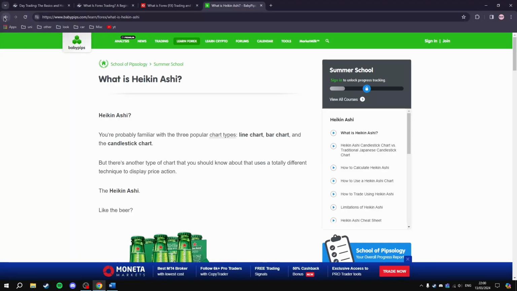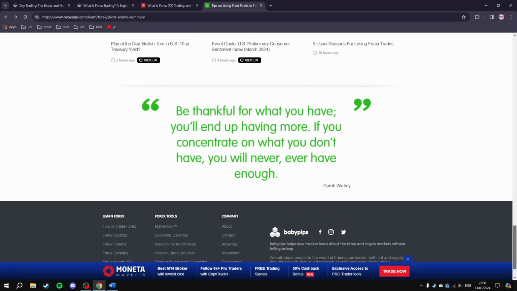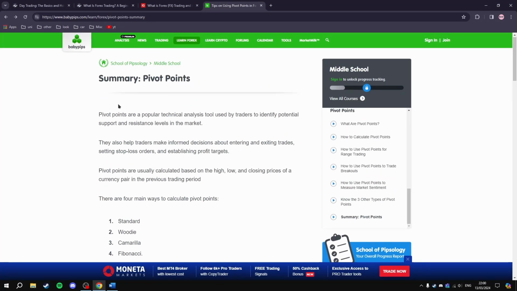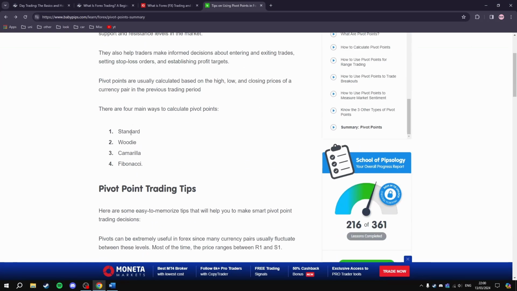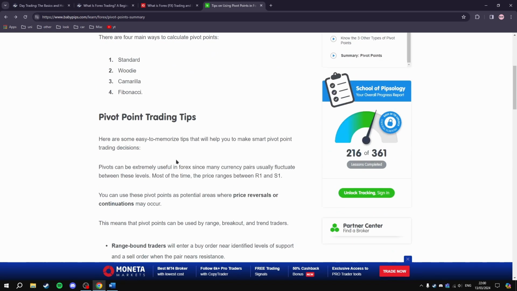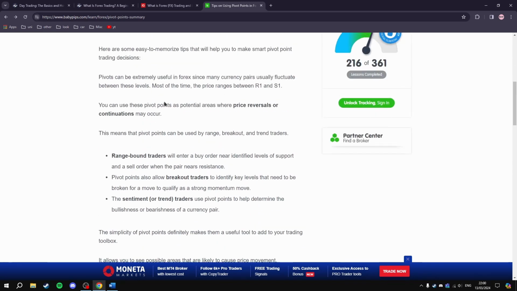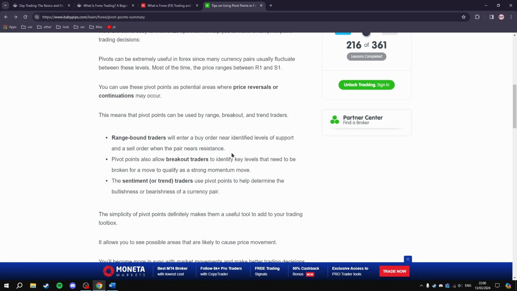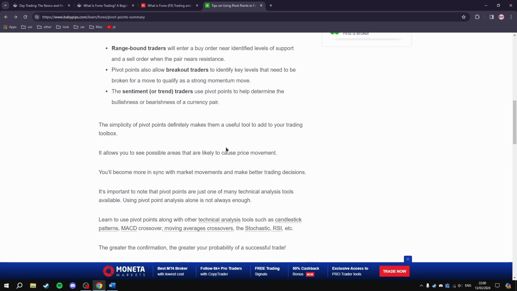So in the last video we went through the pivot point stuff, finished off reading the pivot stuff. We got the summary of the pivot points: the standard, the Woodie, the Camarilla and the Fibonacci. How to trade pivot points: range bound traders, breakout traders and sentiment traders use pivot points in different ways.